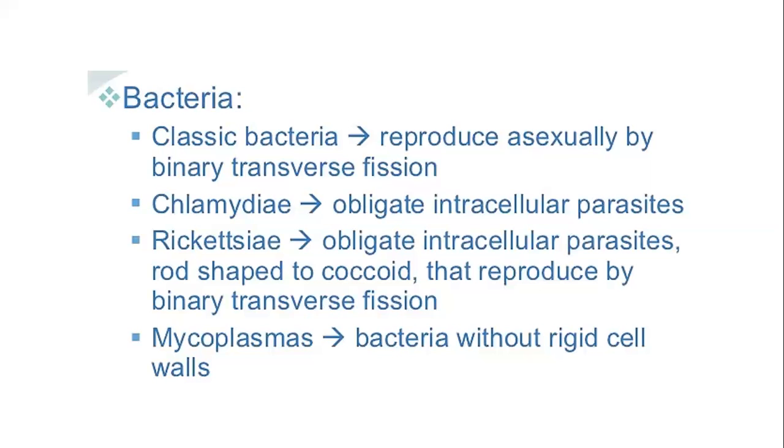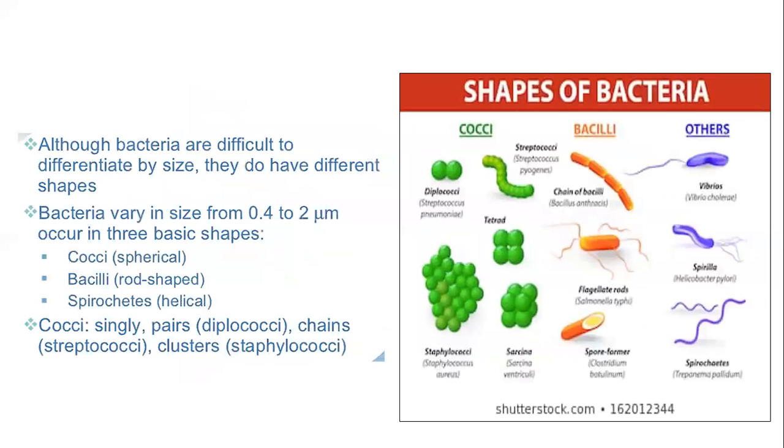Bacteria can be classified on the basis of reproduction by binary fission. They can also be classified on the basis of parasitism, their shape, and the presence of a cell wall. Bacteria without a rigid cell wall are classified under the mycoplasma, and they are known as unique bacteria.